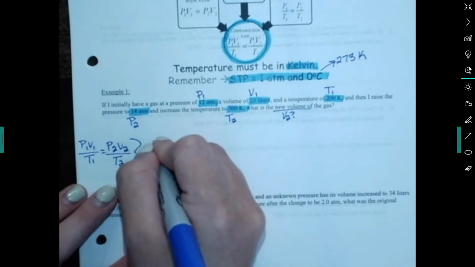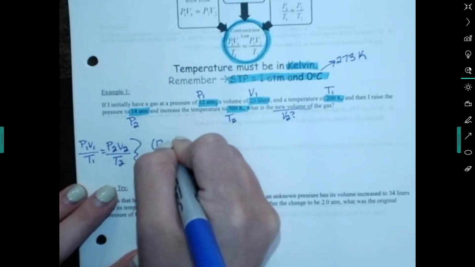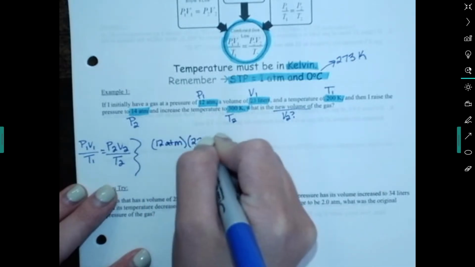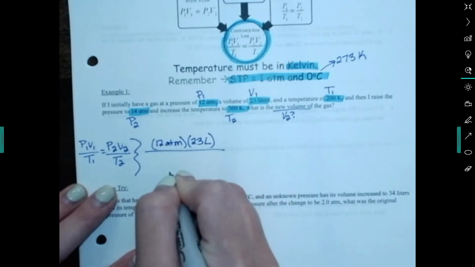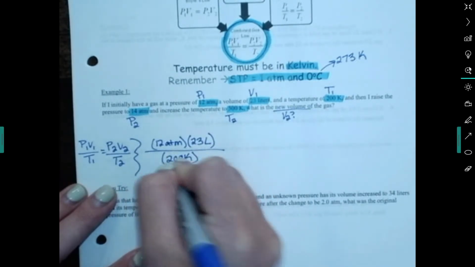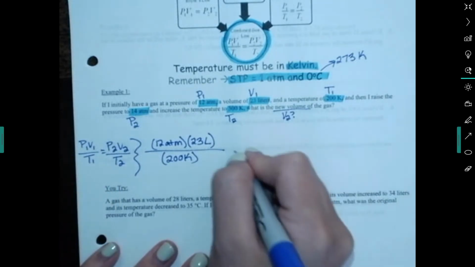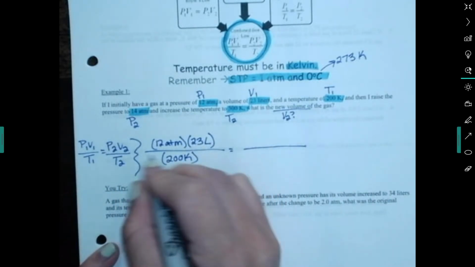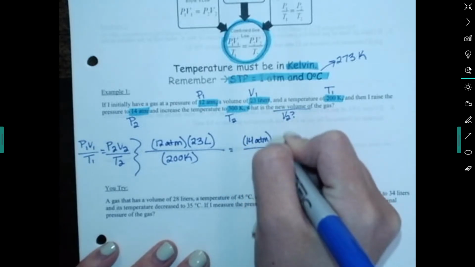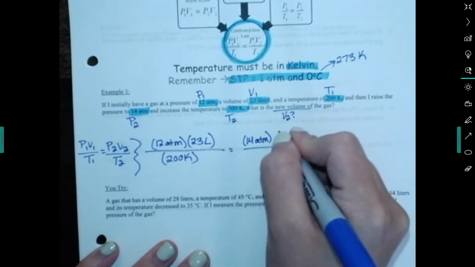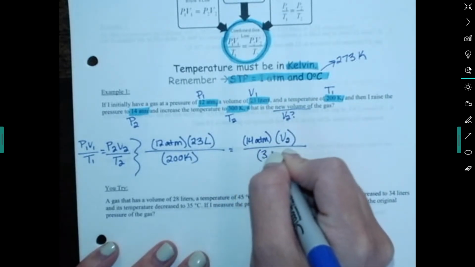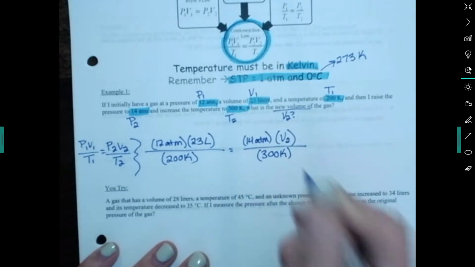So P1 is 12 atmospheres, V1 is 23 liters, T1 is 200 Kelvin. Okay, now we're going to do the next side, which P2 is 14 atmospheres, V2 is what we're solving for, that's our variable, and then T2 on the bottom is 300 Kelvin. And it's already in Kelvin, our temperature is already in Kelvin, so we don't need to convert anything.